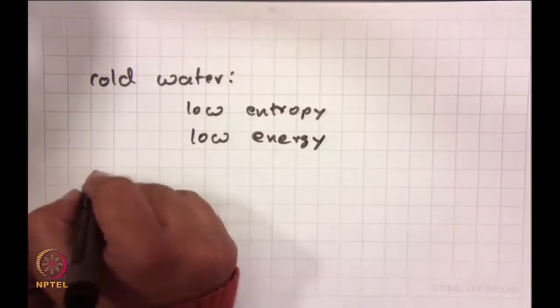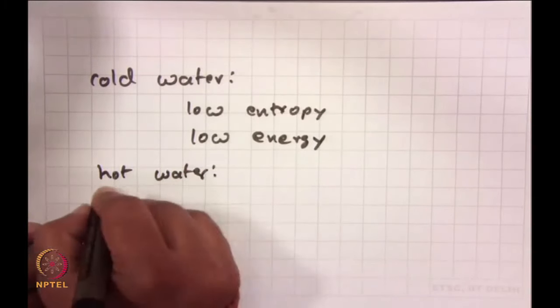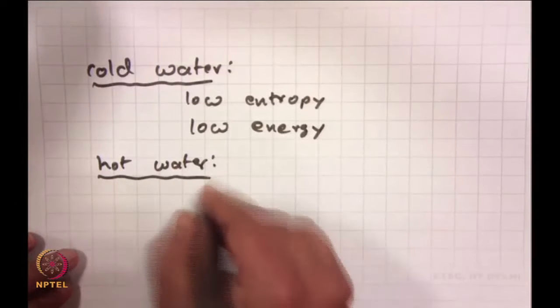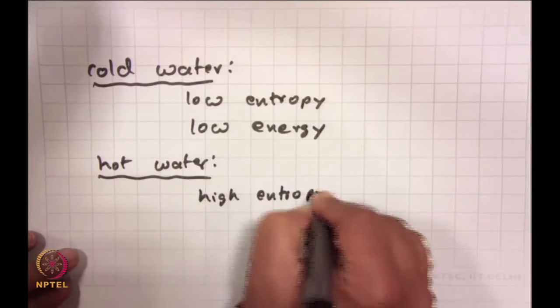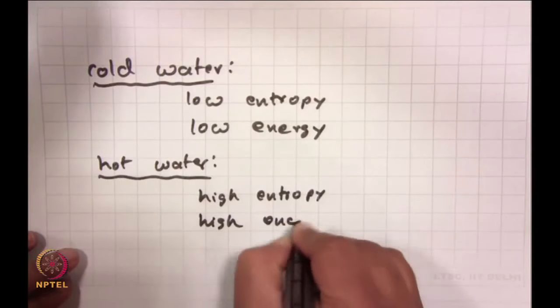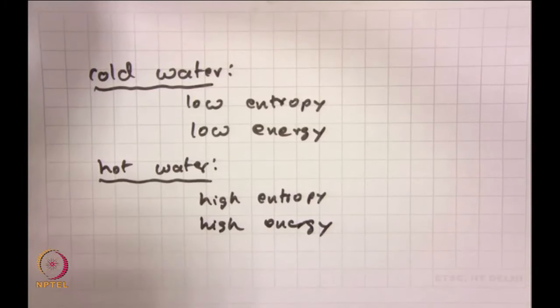Now, when we go to hot water, that means when we increase the temperature, we go to a high entropy, and also it should be high energy or high enthalpy, is not it? Why? Because when you are pumping in energy, and where does this energy going?